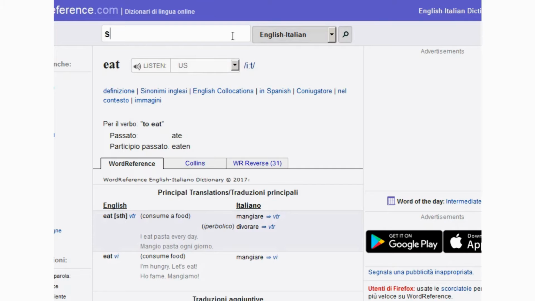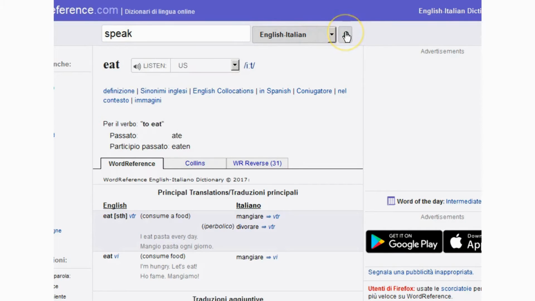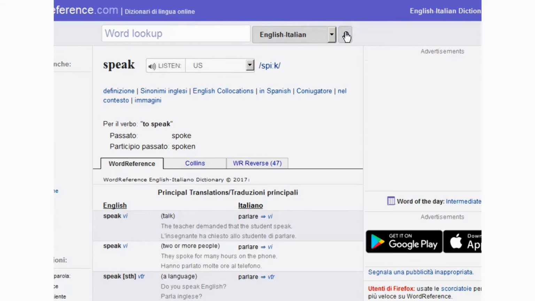Another verb, speak. You go down and find that there is an explanation, and the verb is parlare.